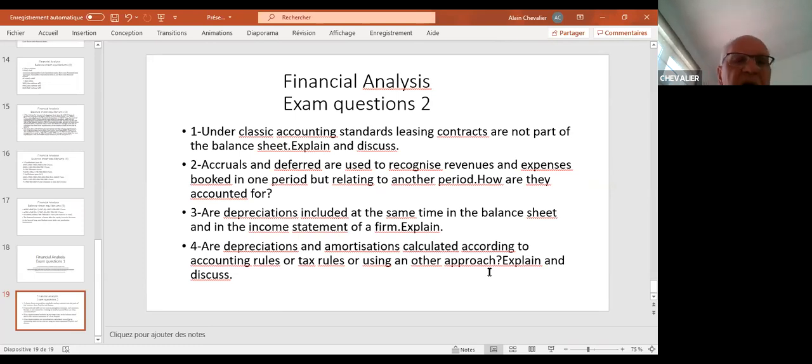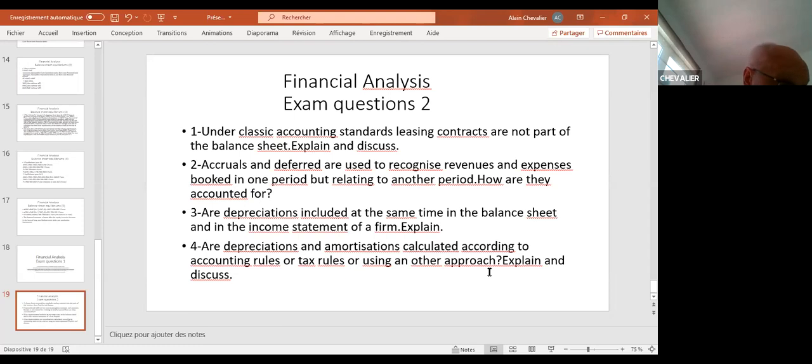It means you were not the owner of the equipment. The equipment was not in your balance sheet, even if you pay regular rent, even if you use the equipment on a daily basis. The ownership principle was the only and simple rule to introduce an equipment into the balance sheet of the company.